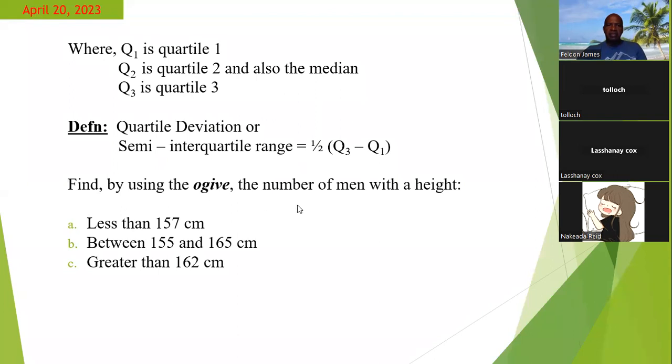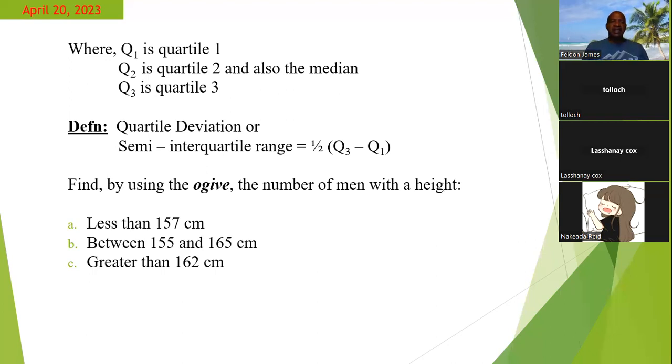Now, sometimes from the same curve, you may be given a number of other questions to determine from the curve or from the graph. All right, so here are some questions that would reflect interpretation from the graph. So they're saying you are to now find, by using the ogive, by using the curve, the number of men with a height less than 157.